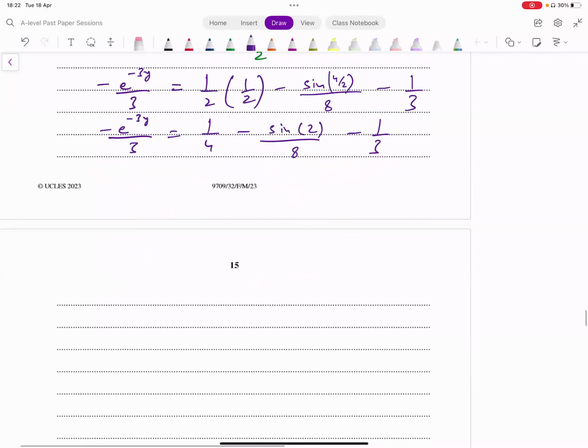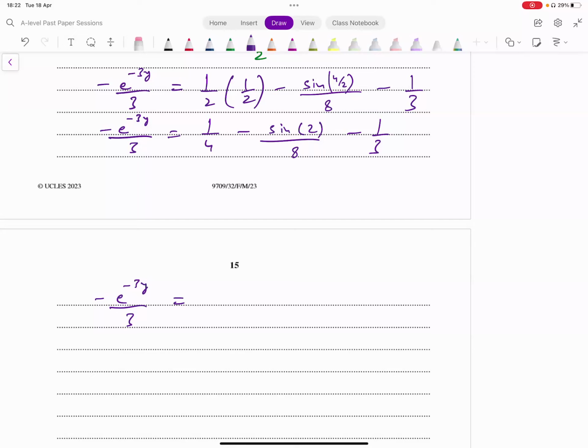Now evaluate the right side, write it in decimals, and see what you get. And that's okay, you don't need the exact answer. So let's see in decimals what value we get on the right side. Remember, your calculator has to be in radian mode. 1 over 4 minus sine of 2 divided by 8 minus 1 over 3.